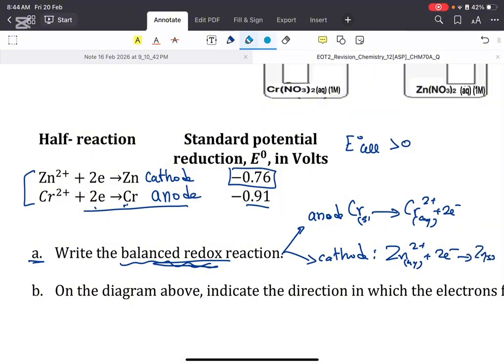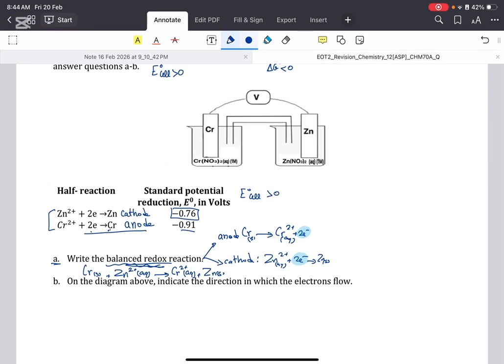Now, you look at the electrons, the loss and gain are equal, so I'll just copy them as they are, and here's the final equation, the redox reaction. On the diagram above, let me just annotate: zinc is the cathode, this is the cathode, and this is the anode.